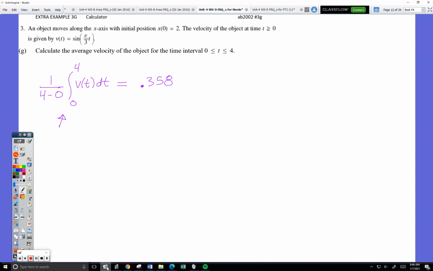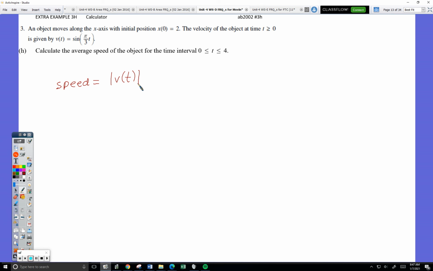Okay, next thing. Extra example 3H, calculate the average speed of the object. We learned some time ago that speed is the absolute value of velocity. If I'm supposed to find average speed, I'm going to integrate whatever it is I am averaging.